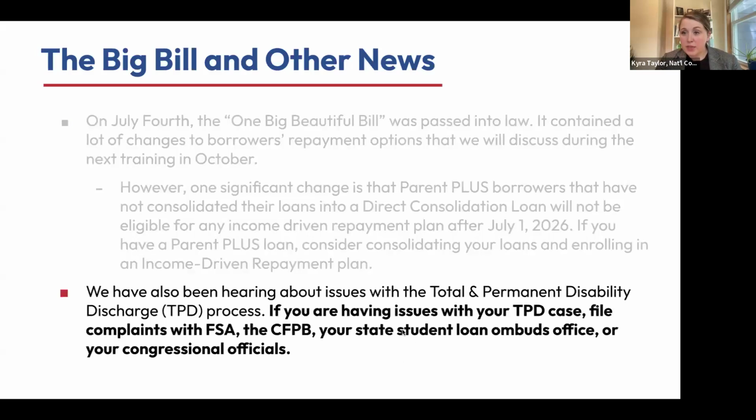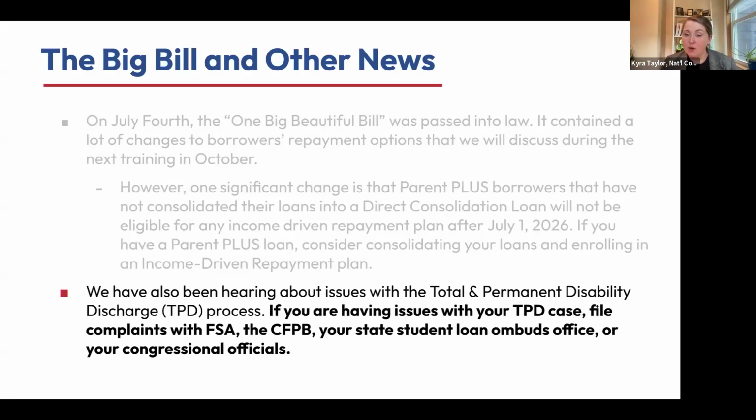The other piece of news that I wanted to make sure that we talked about is that we've been hearing that borrowers have had a lot of issues with the total and permanent disability discharge process. We think that these are temporary issues, so you can certainly still apply for total and permanent disability discharges. However, if you're having issues, you may need to work with an attorney for additional assistance, but you can also file complaints with federal student aid, with the Consumer Financial Protection Bureau.